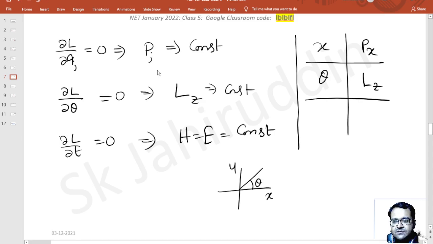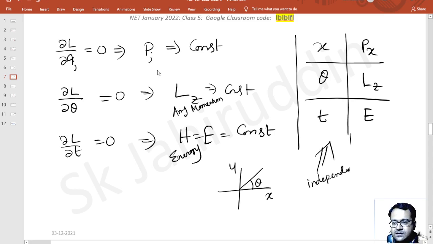Then time with energy. This is energy, this is angular momentum, this is linear momentum. So these are related. If the Lagrangian L or the Hamiltonian H is independent of these, then they are conserved.